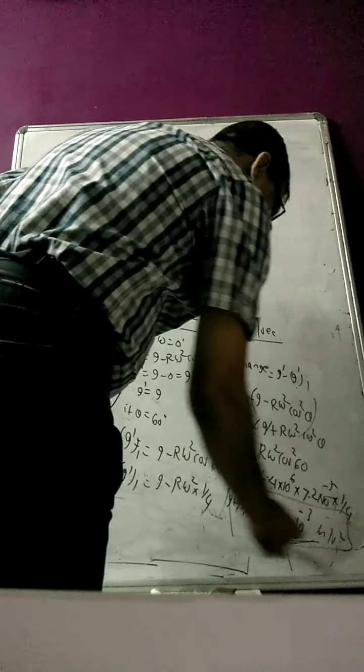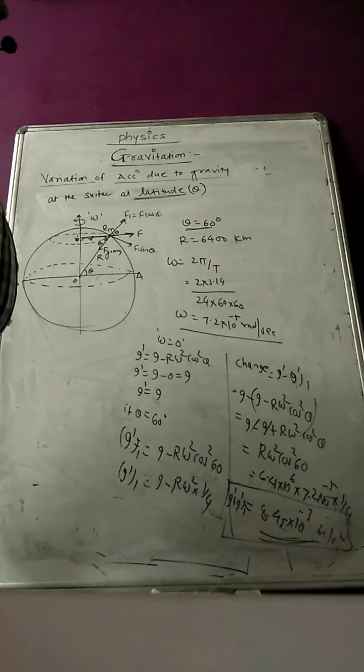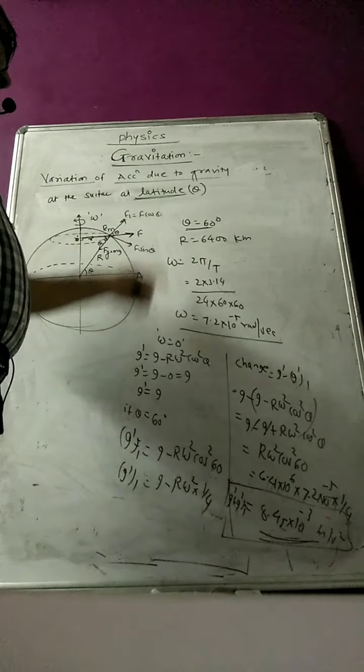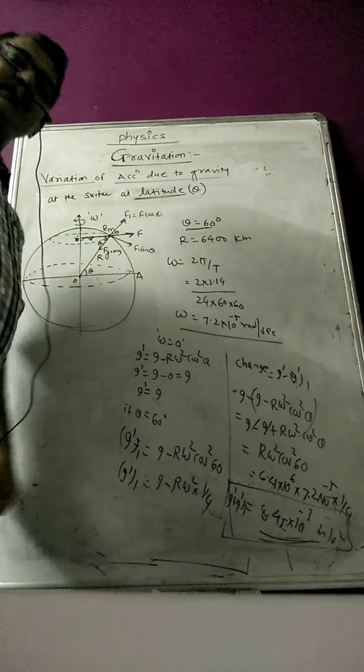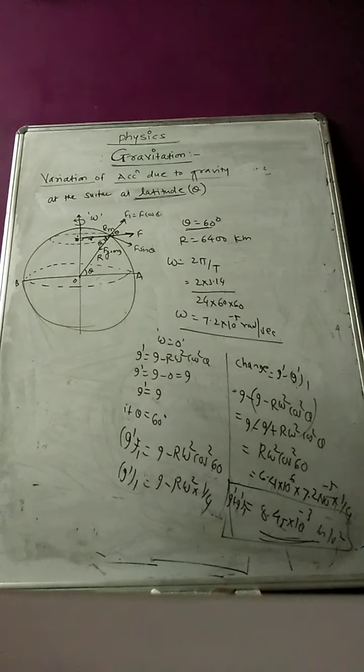Earth suddenly stops rotating at a latitude of 60 degrees. So how the variation of g will be there. Okay, so those things we have calculated.